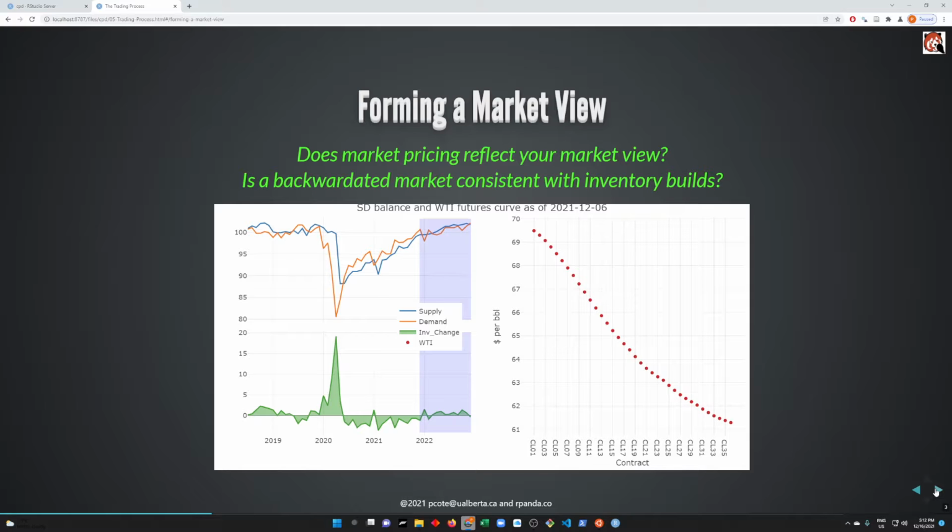In this example, we have, as of the 6th of December, the futures curve for WTI futures, and it shows backwardation. So one question one may ask in this case would be: is a backwardated market structure in the current view of forward prices consistent with an inventory build, which is generally seen in a market either moving into a lesser backwardation or a contango market?